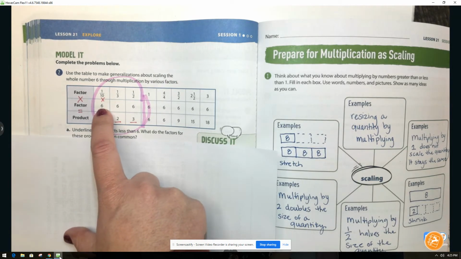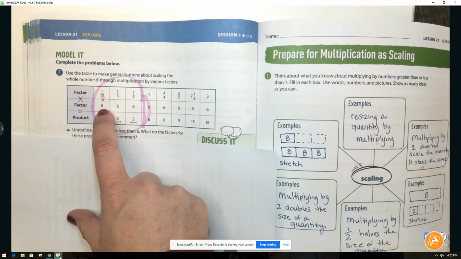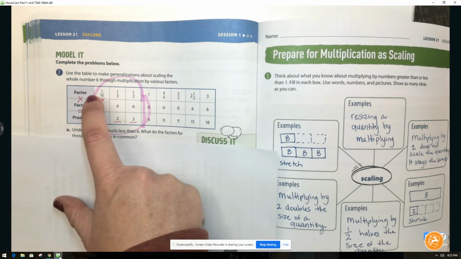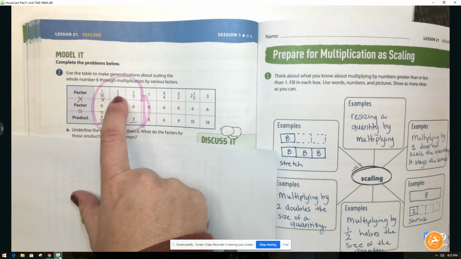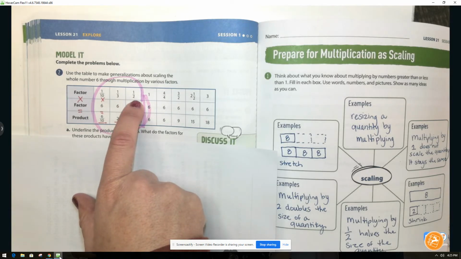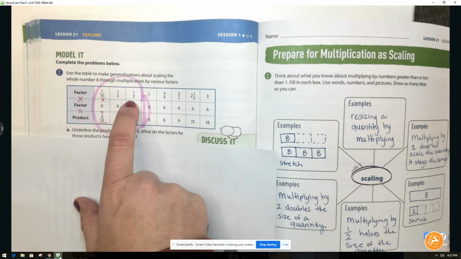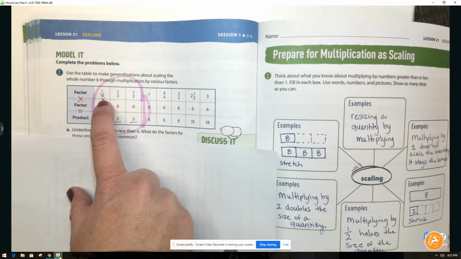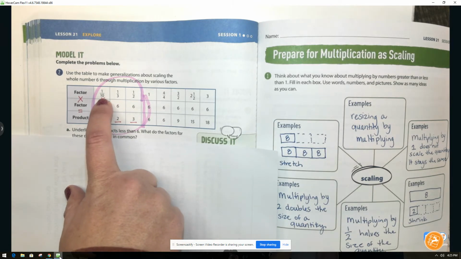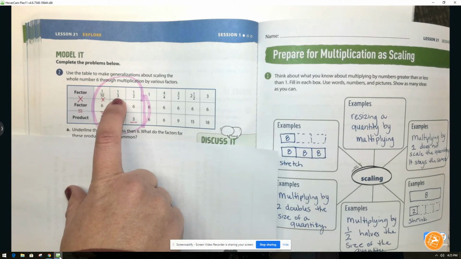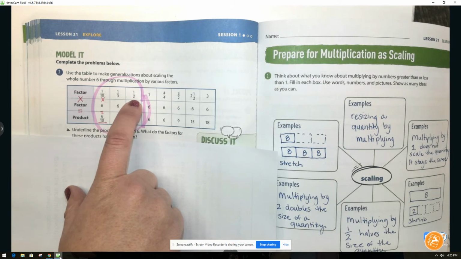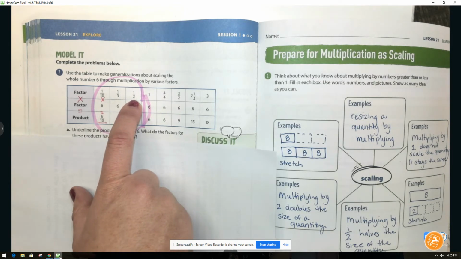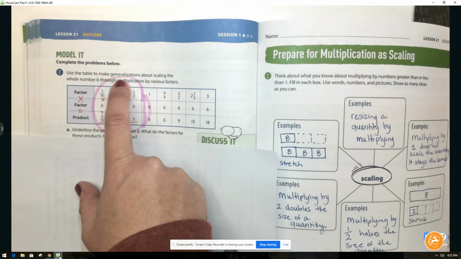Well, we see, first of all, that they all multiply by a factor of 6. And then if we look at these 3 factors, what's interesting about them? I hope that you notice that all 3 of these factors are less than 1. 1/10 is less than 1, 1/3 is less than 1, and 1/2 is less than 1.